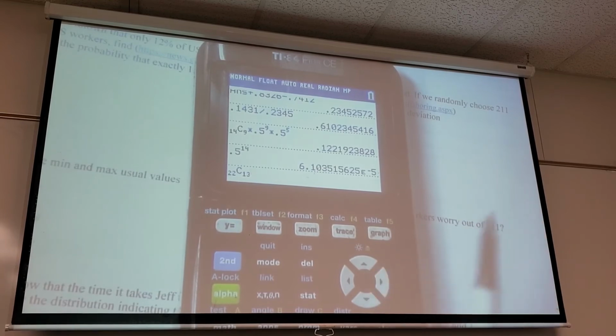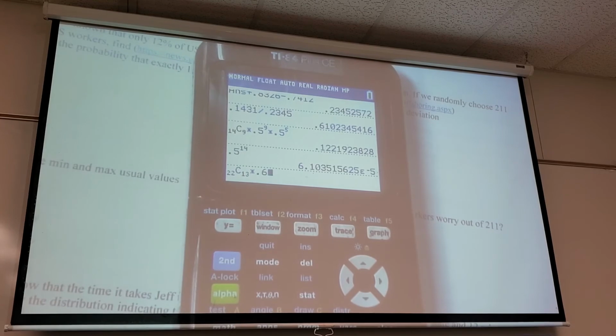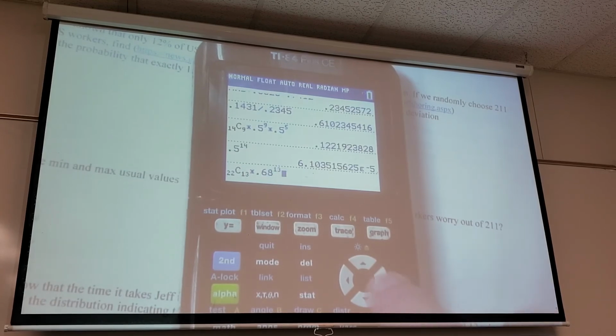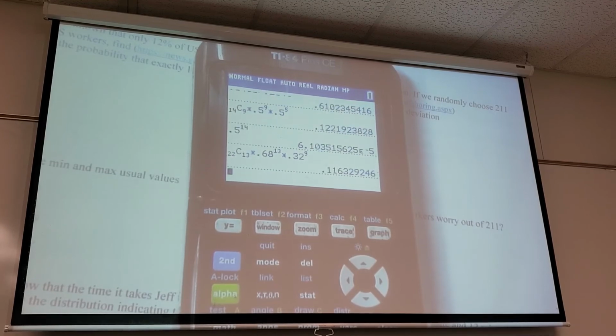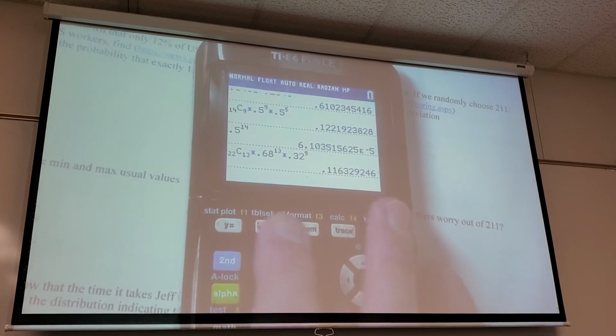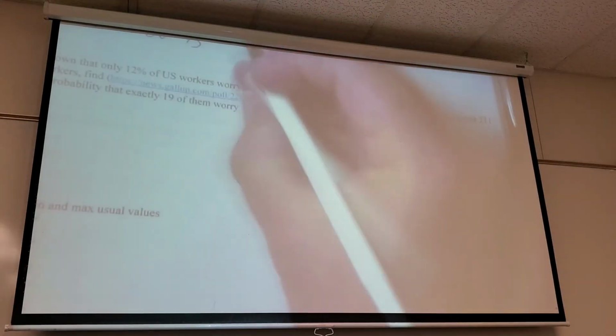Hit the over arrow to get back up. Times 0.68, I want 13 of those. Hit the over arrow to come back down. Times 0.32, and I want the rest to be that. So what do you guys get? Yes, okay, I like it. 1163.